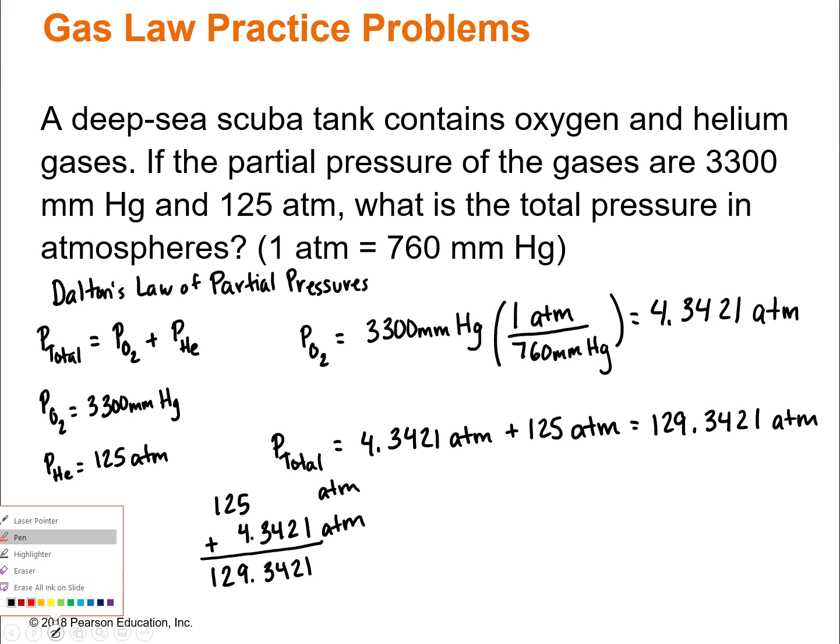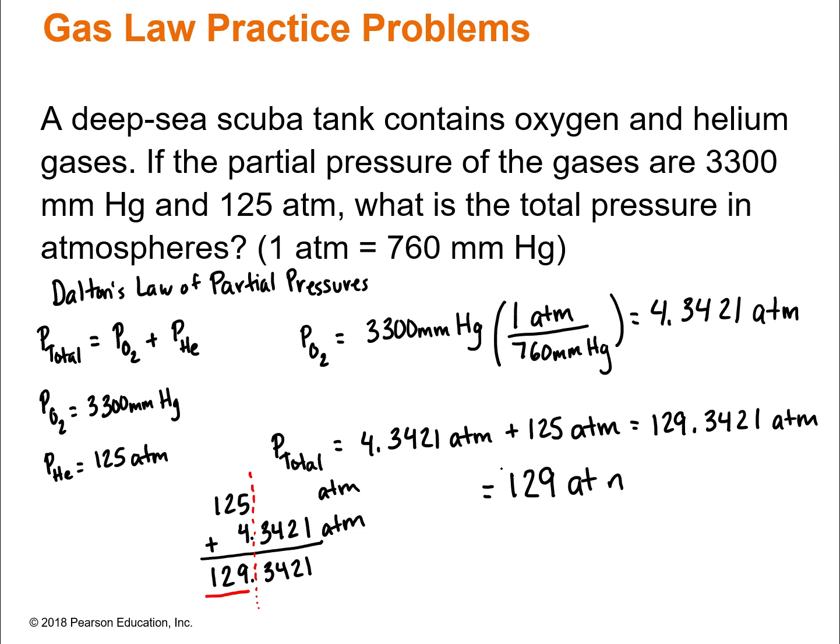But with sig figs, we can't keep all those. We can keep everything to the left of this red line, which means that we need to look at the 3 to see if we round up or stay the same. We stay the same because it's a 3. So with sig figs, that's our answer, 129 atmospheres.